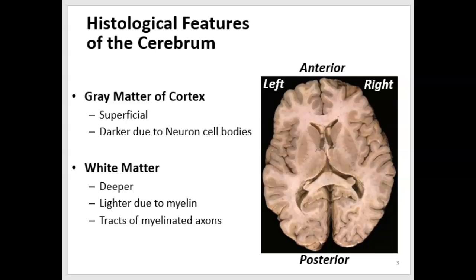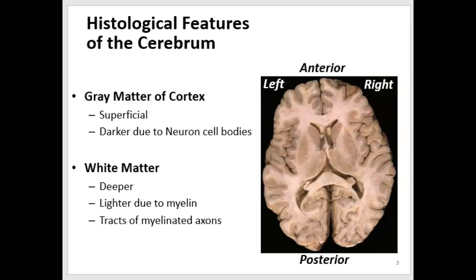If we look at a transverse section, a horizontal section of the cerebrum, we can see some distinct features of the tissue as well. So I'm calling these histological features of the cerebrum. You can see that the cortex, which is the outer layer, is darker in color than the deeper tissue.